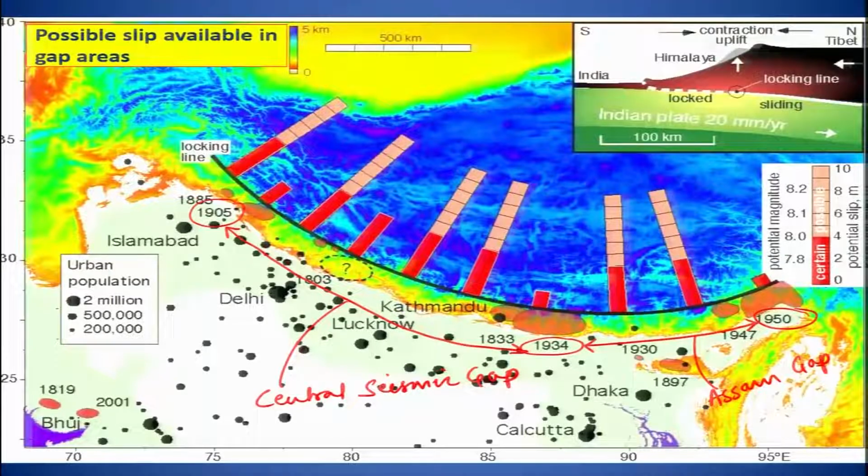And then further there is one more gap which has been suggested between the 1555 earthquake in Kashmir and the 1905 earthquake of Kangra. So this is your Kangra earthquake, this is your Nepal-Bihar event, and this is your Upper Assam earthquake.